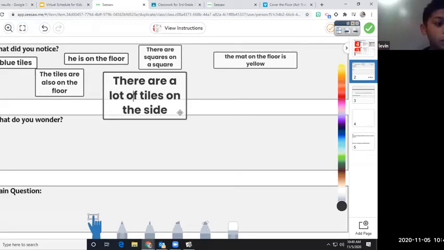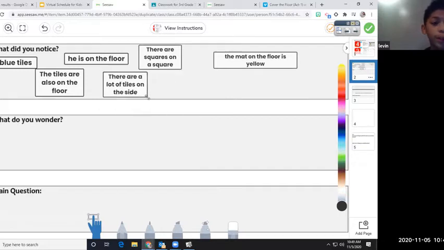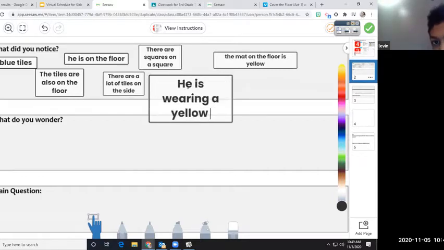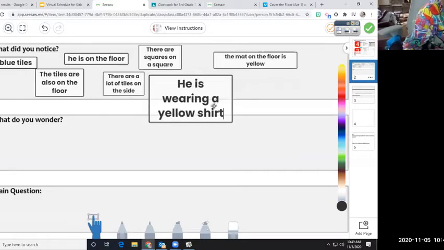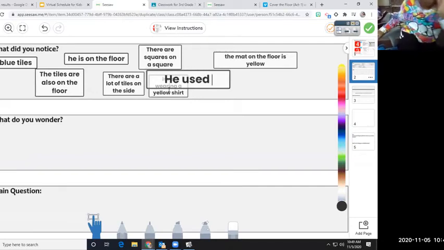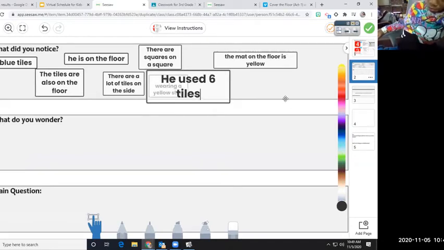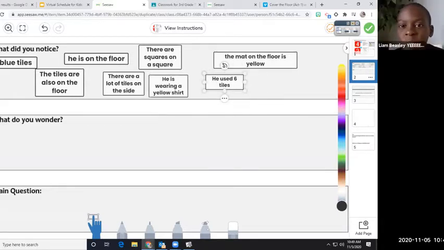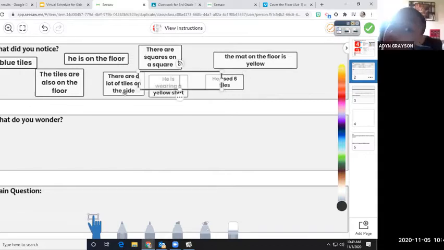He was yelling. He was wearing a yellow shirt. He was on the floor. He was building a square.